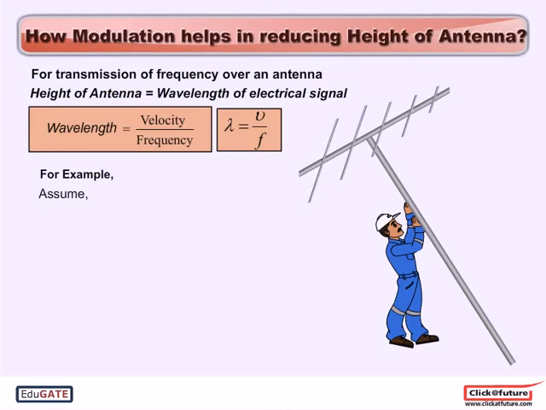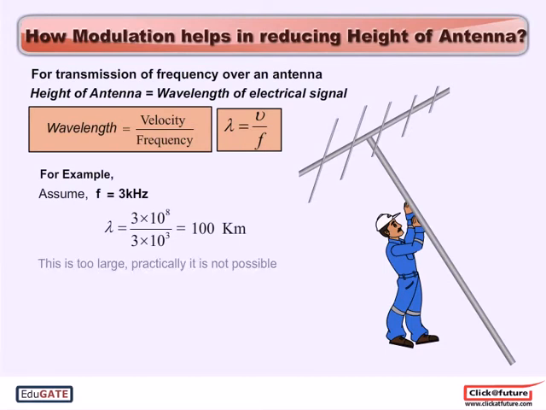Demodulation. Demodulation is the process of reconstruction of the original baseband signal at the receiver. That is, extracting the original information bearing signal from a modulated carrier wave. A demodulator is an electronic circuit that is used to recover the information from the modulated carrier wave.